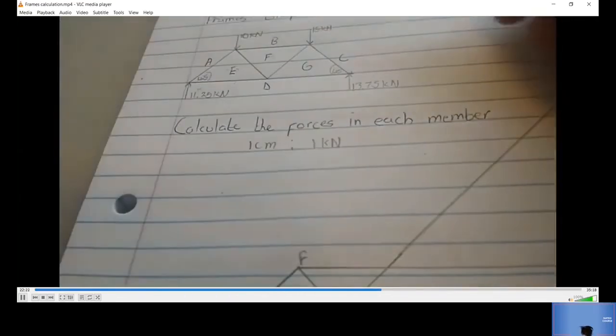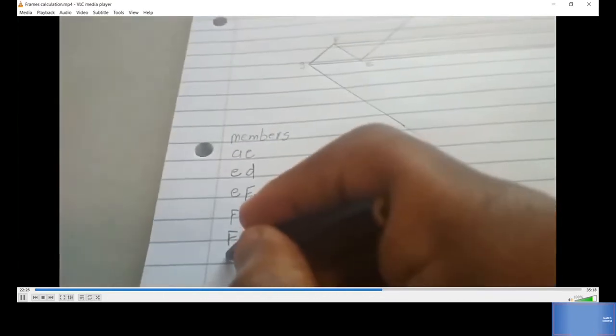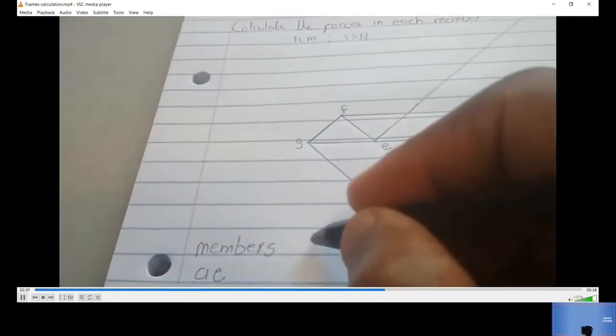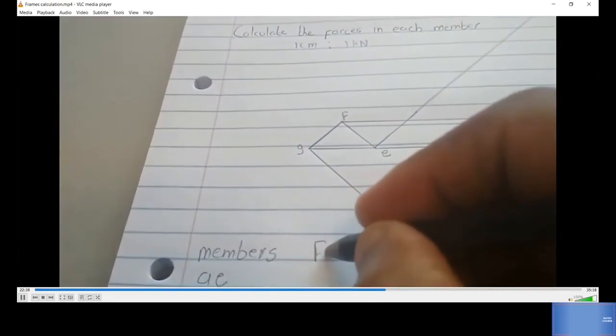The next one is FB. So we go FB. And the next one is FG. And the next one is GD. So we write GD. And the last one is GC. All right, GC. Now what we need to measure is the forces.